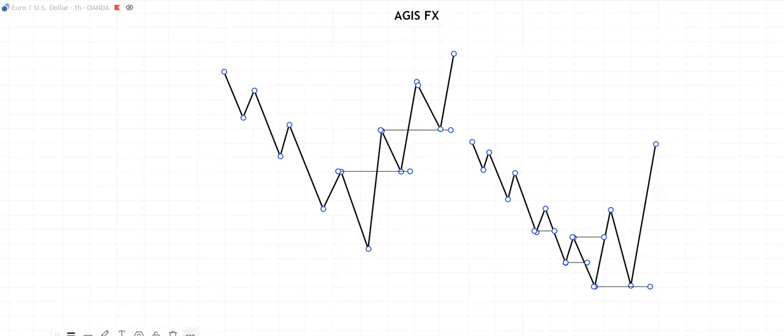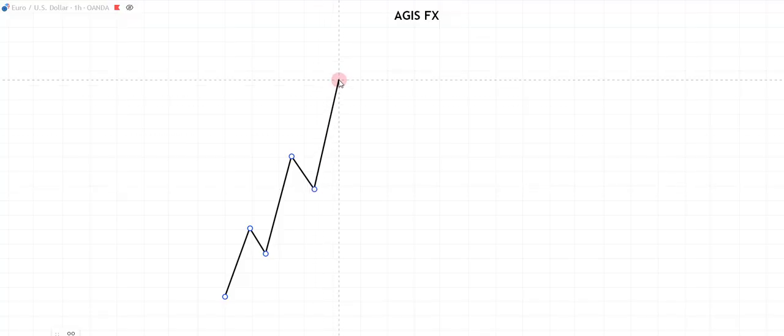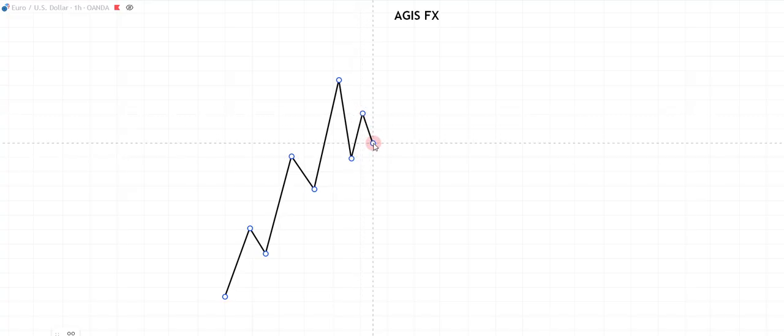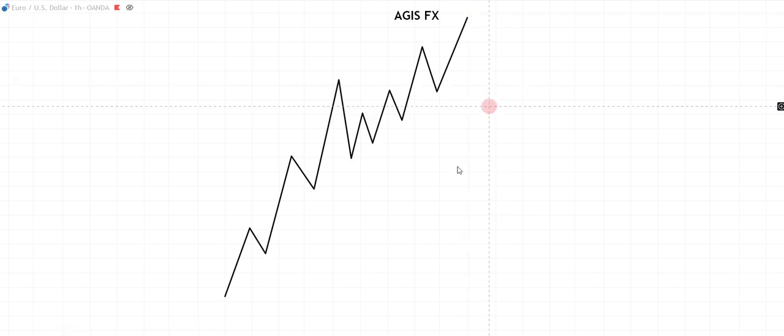And sometimes we might have a situation whereby price is doing something like this, and it breaks above. Okay, now this is the advanced one. So in most cases, price will come here. Now why did I say this?